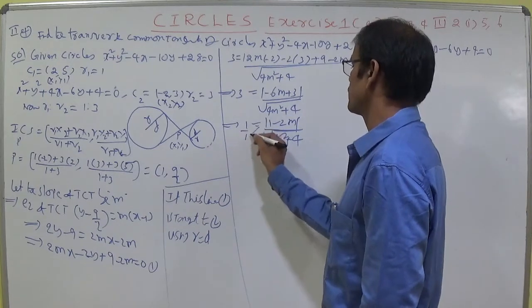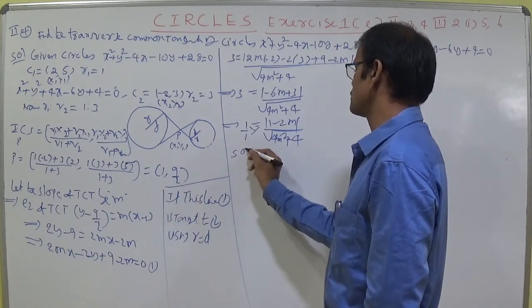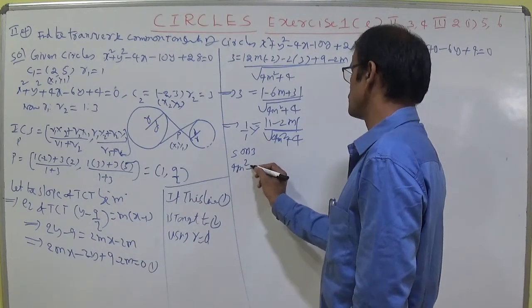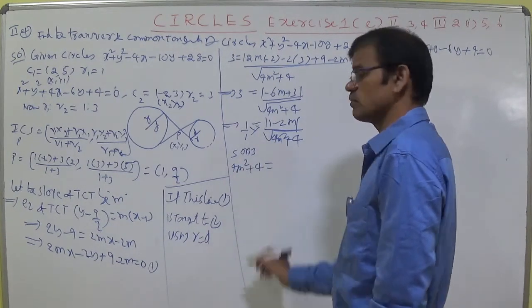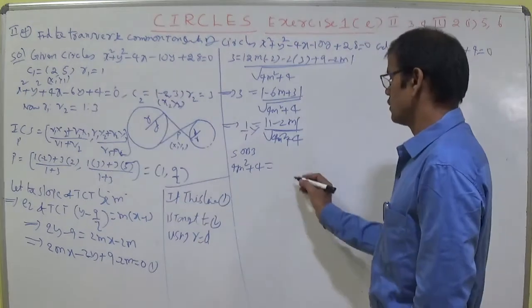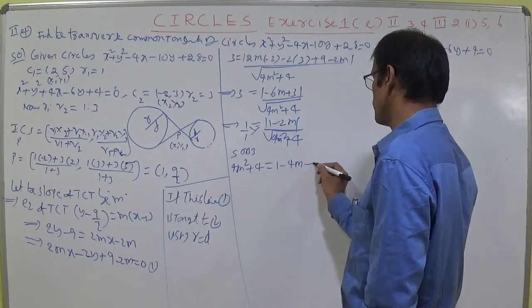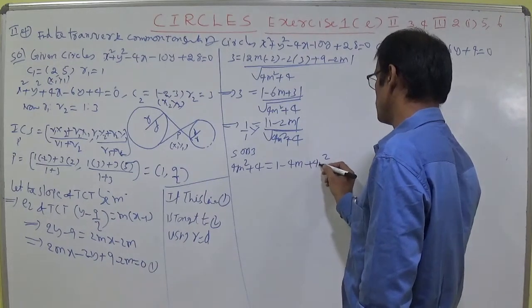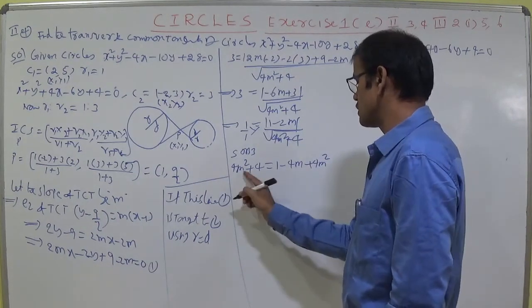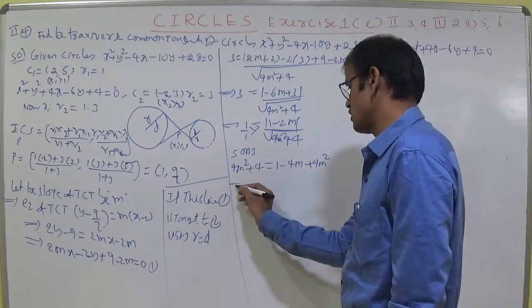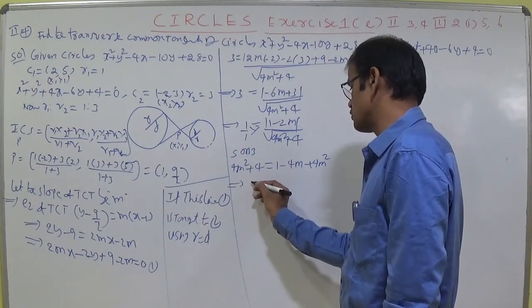Taking cross multiplication and squaring on both sides, LHS you can write as 4m square plus 4, and RHS as 1 minus 4m plus 4m square. Don't cancel 4m square and 4m square, students. One theory is there that I want to discuss with you.